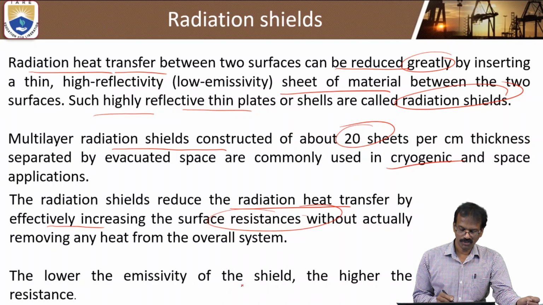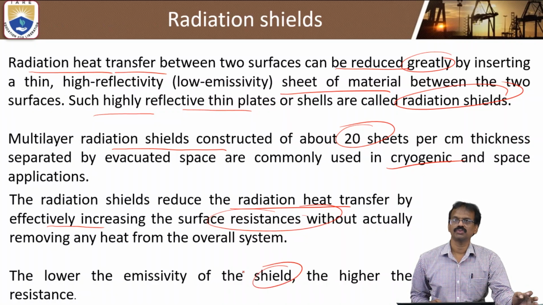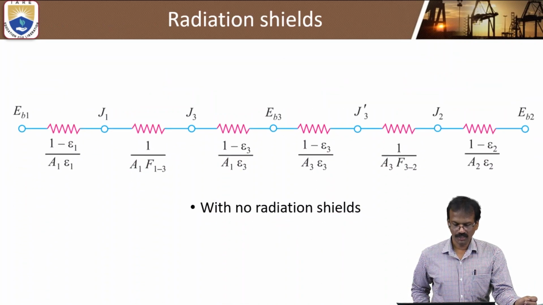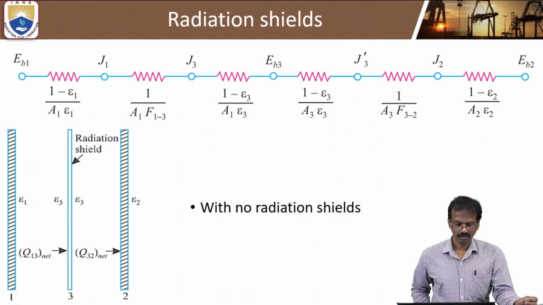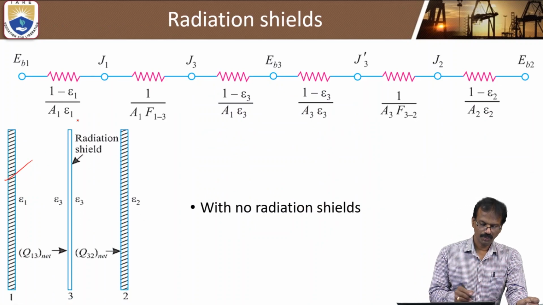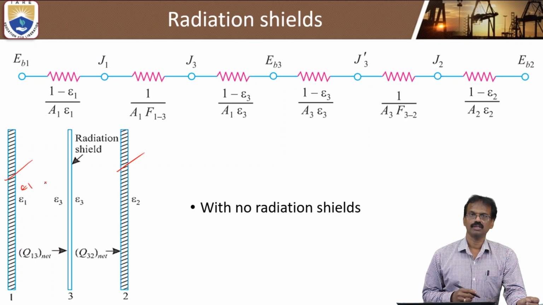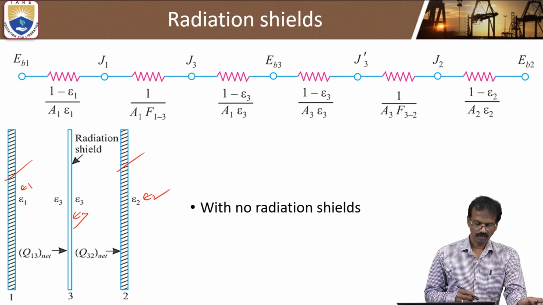The lower the emissivity of the shield, the higher the resistance. So we'll see one condition. There are two plates, with emissivities epsilon 1 and epsilon 2. Shield emissivity is epsilon 3. Next, the rate of heat transfer between plate 1 to 3, then 3 to 2.